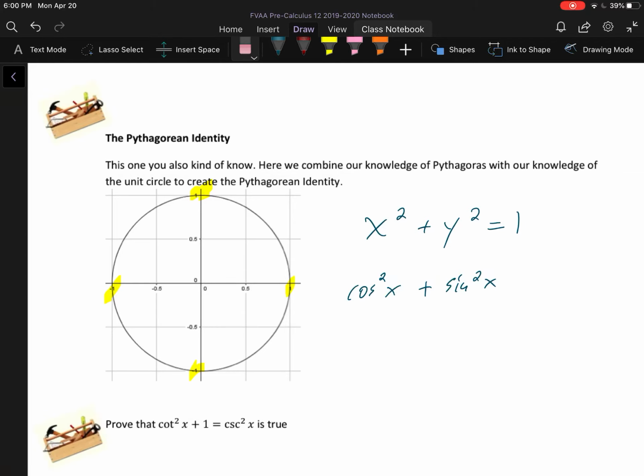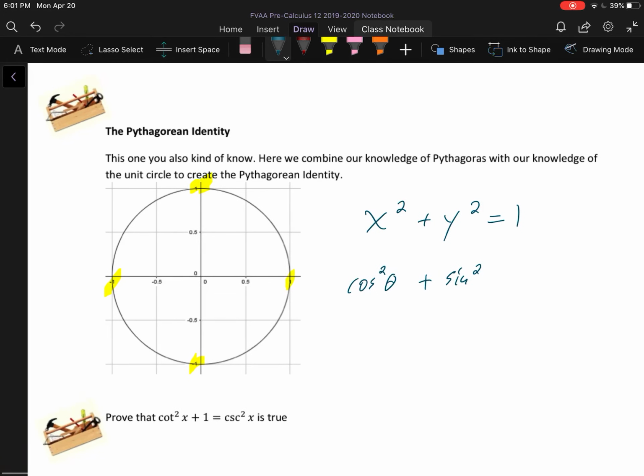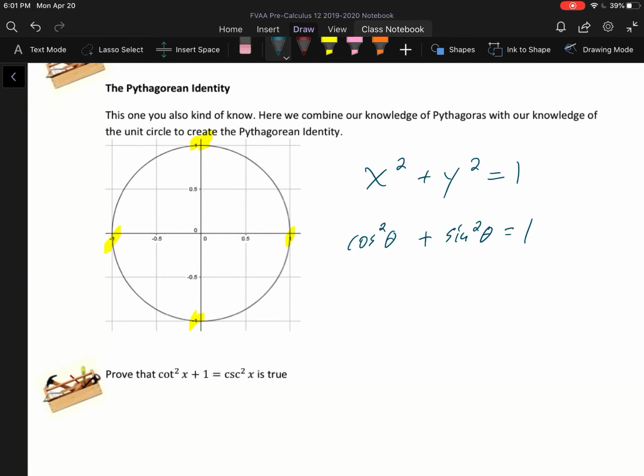Now, actually here I'm not going to use x because the variable x is already used. I'm going to use theta just to show that this is not the same x. It's the angle on the unit circle that would give me the x and y coordinates of the point on the unit circle. So this is the Pythagorean identity here.